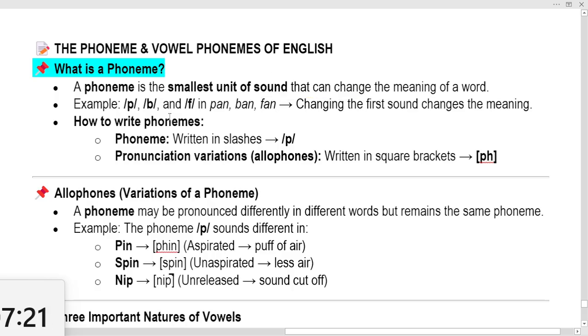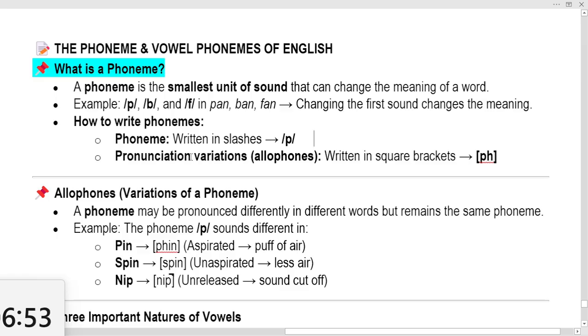So, how to write phonemes? When you write phonemes, it is always written in slashes. Ano yung slash? Ito. Yung nilagay ko ngayon. That is the slash. Pronunciation variations, or allophones, are written in square brackets. So, take note with the symbols na ginagamit natin.